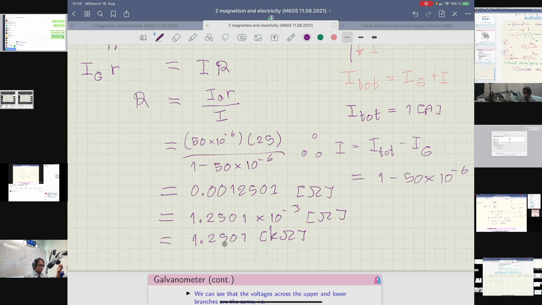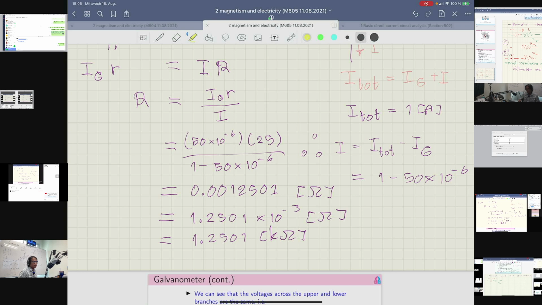You cannot find this value of resistors easily. You should go to the market and ask for this value, which is approximately 1.25 kilo ohm.